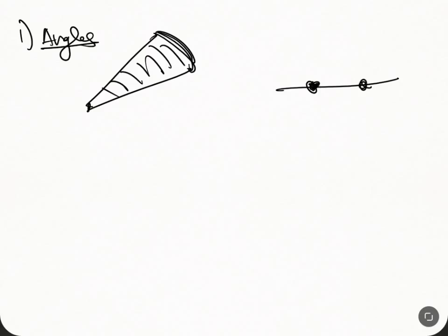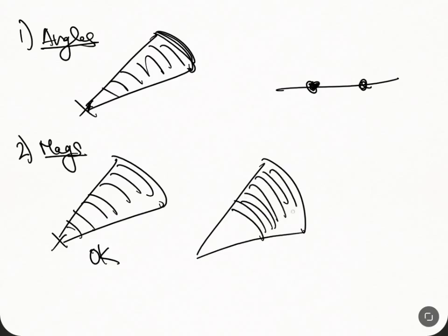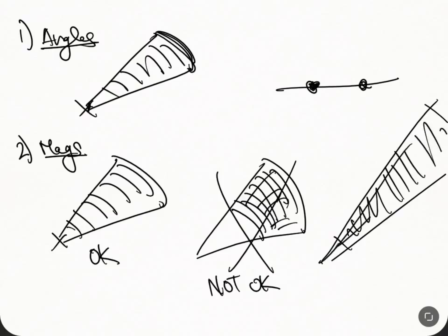Then the condition on magnitudes says you can take a region like this. Maybe I should show that these are removed. This is okay. But regions where I only take this piece here, this is not okay. Similarly, you can't have an infinite piece here. If I did this whole thing here, remove this, this is also not okay.